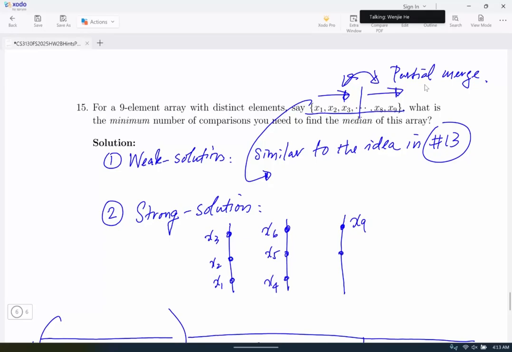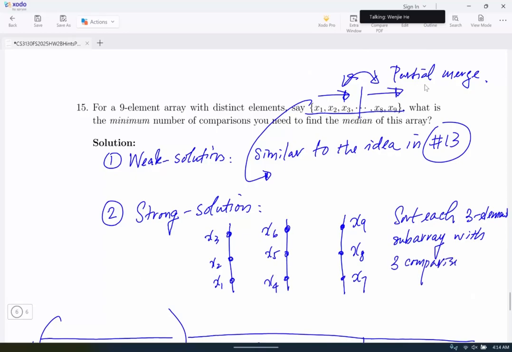First, you sort each 3-element subarray with 3 comparisons for the worst case, 3 comparisons each.